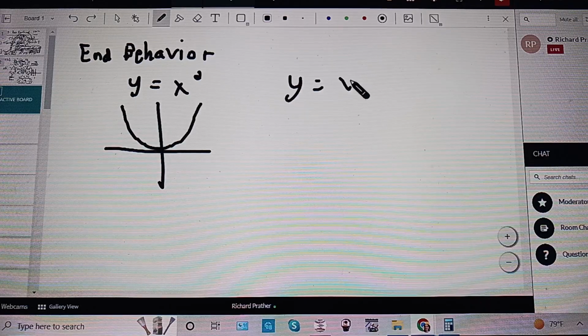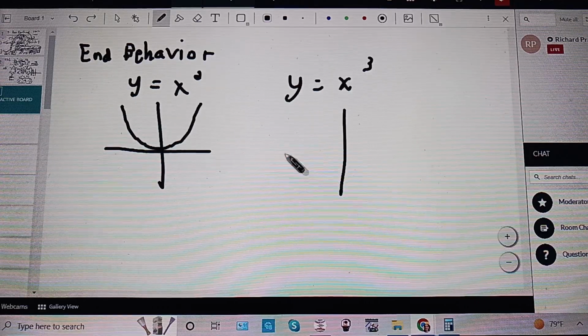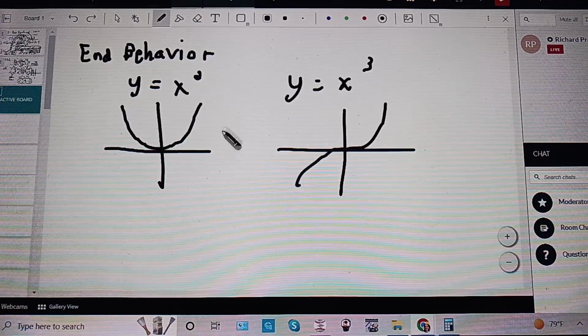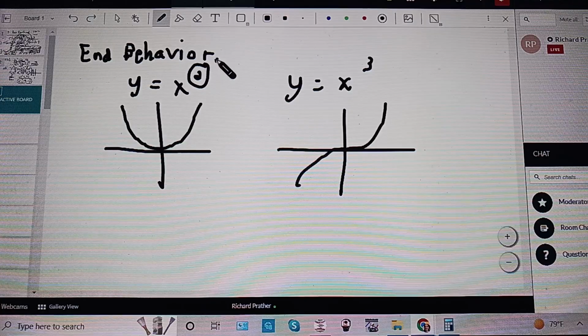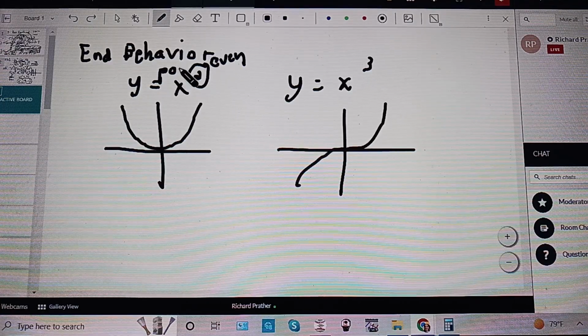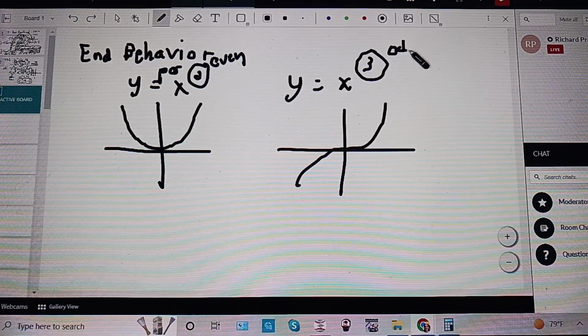And an x cubed graph, a cubic function, looks like this. This one has an even degree with a positive leading coefficient. This one's an odd degree with a positive. So I remember these 2 positive examples because we can picture them in our mind whenever we're doing them.